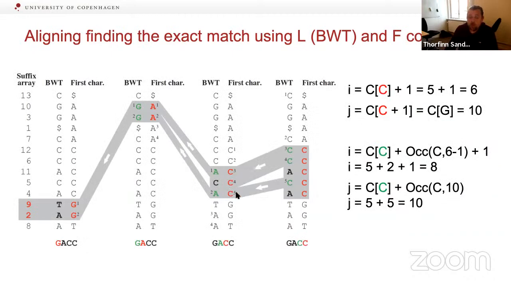So this would be our lookup for the second one, but now we are not looking for the C in the Burrows-Wheeler transform. Now we're looking for the A, and here we can see that it's the first A and the second A.